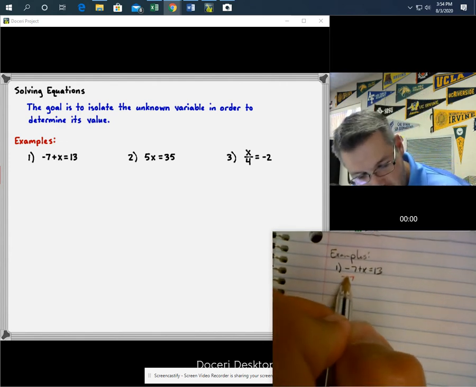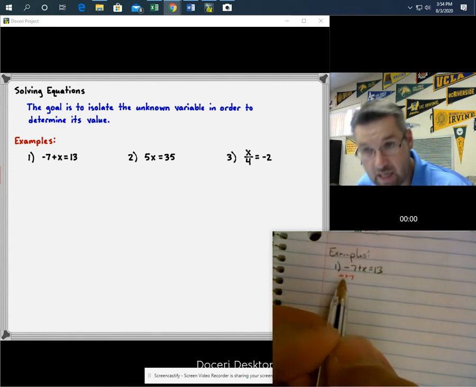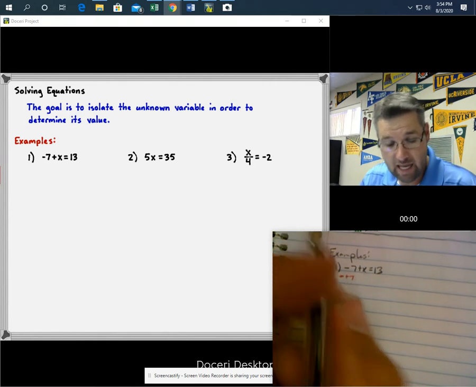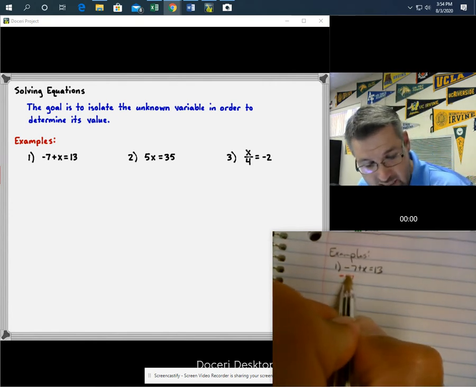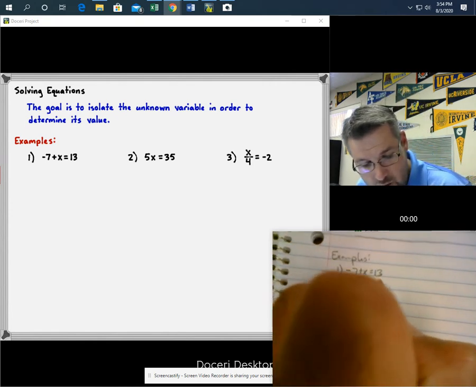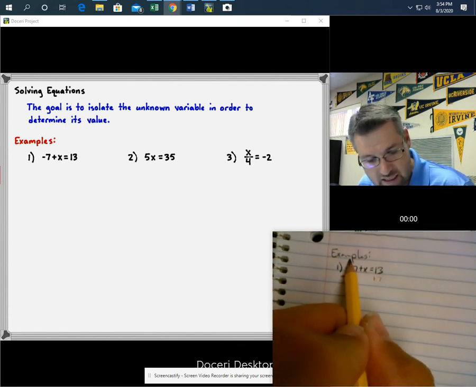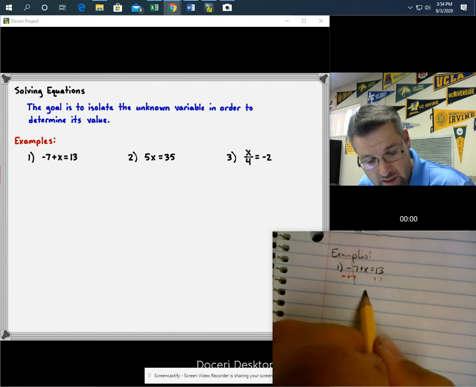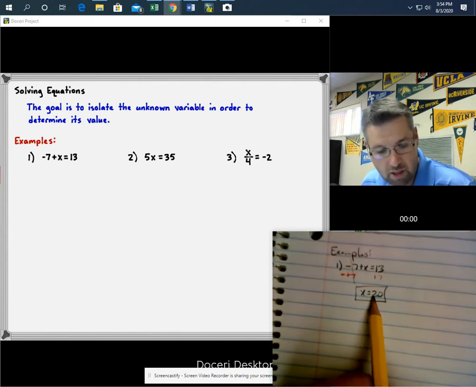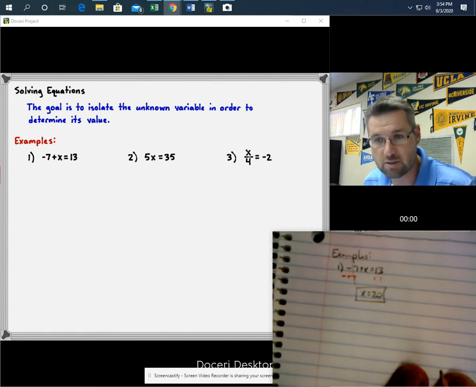Well, it actually just means add a 7. Subtracting a negative is the same as adding. So we're just going to add 7 to both sides. Whatever you do to one side, you have to do to the other. And so we end up with, on this side, these cancel out, and you're left with x equals 20. We can check our work by plugging that in. -7 plus 20 is 13.